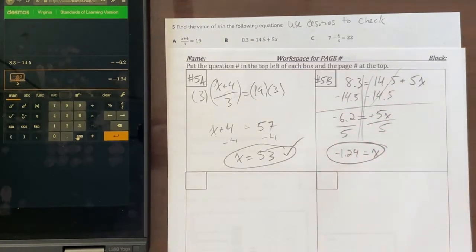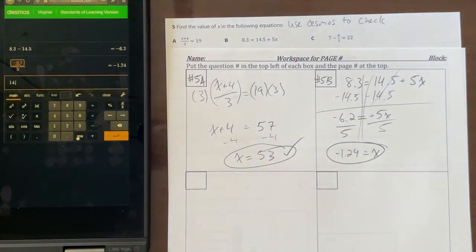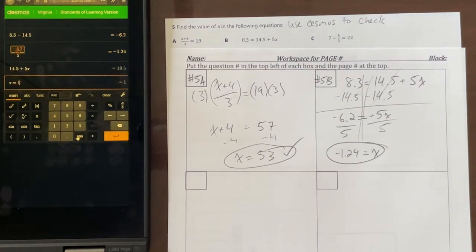Even though it looks like a kind of a rough answer, what we can do is plug it back in. So let's say, all right, if we have 14.5 plus 5x, when x equals negative 1.24, let's make sure it's a negative.